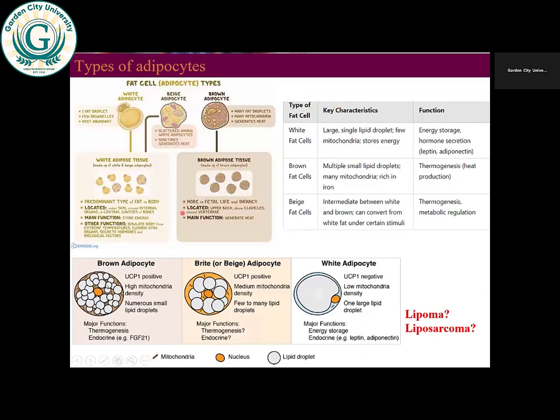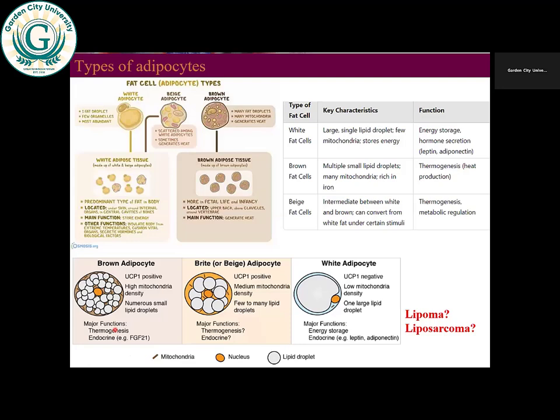In brown, they have several of them. So we say that they have numerous small lipid droplets, so they are multilocular. Now, I've already explained that white is more for energy storage, insulation and so on, whereas brown is more for thermogenesis when it comes to temperature regulation.